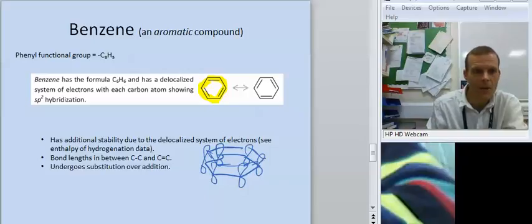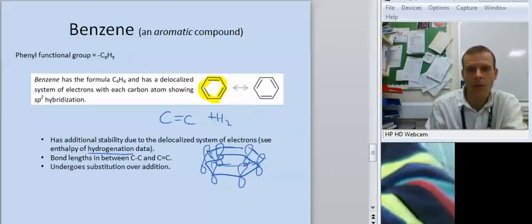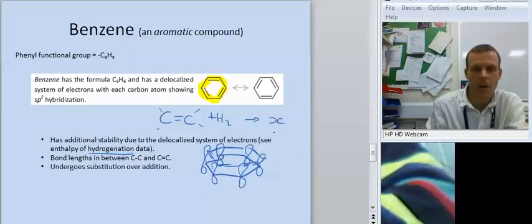If we were to look at enthalpies of hydrogenation, which is where we add hydrogen to a substance, we can get data for adding H2 across 1 carbon-carbon double bond, and let's say that gives us X kilojoules of energy coming out of that.